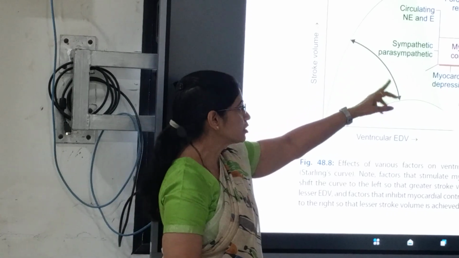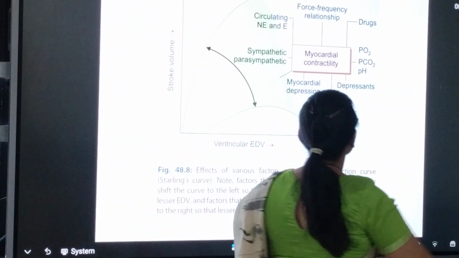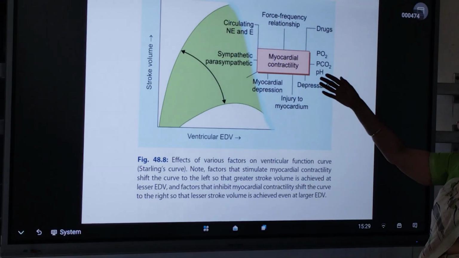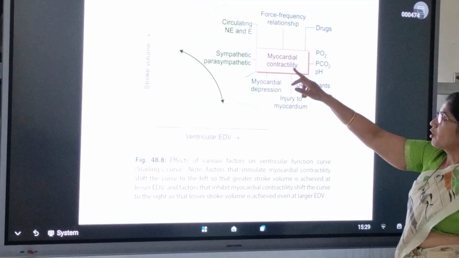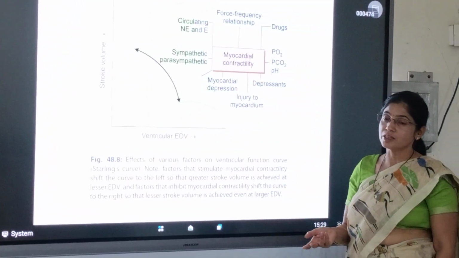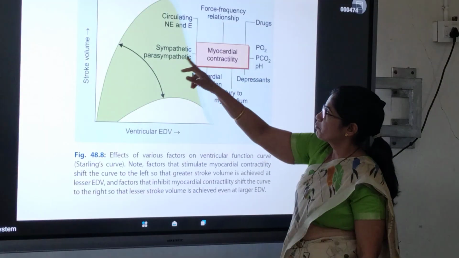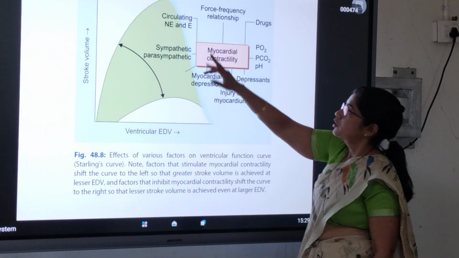So these are the factors which affect the action of the heart. Different drugs, I told you, like digitalis, caffeine, theophylline. These drugs will affect the myocardial contractility. Myocardial depression because of different diseases will decrease the cardiac output. Whereas the sympathetic system will increase the stroke volume and cardiac output.